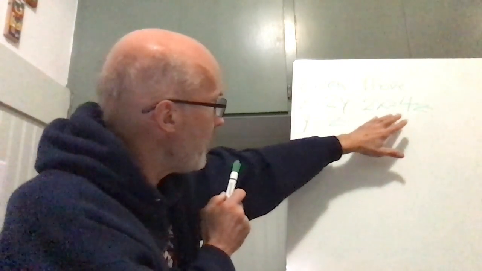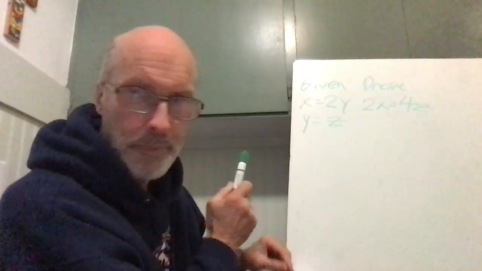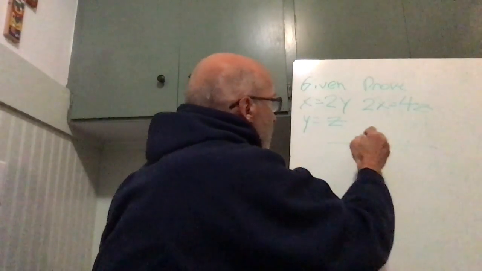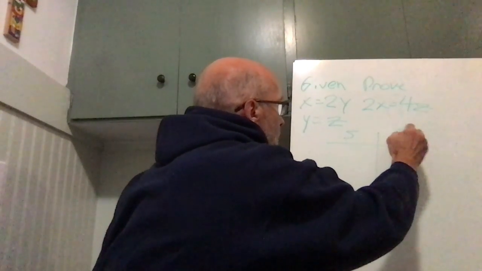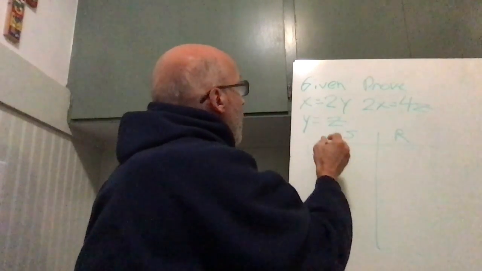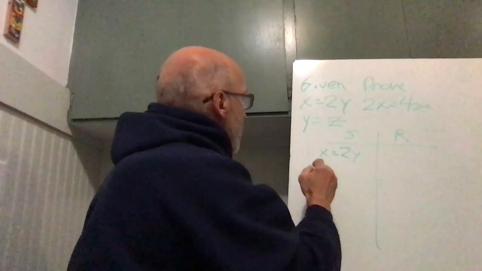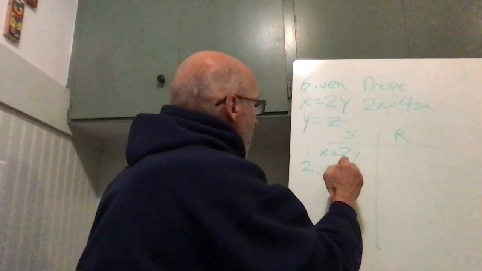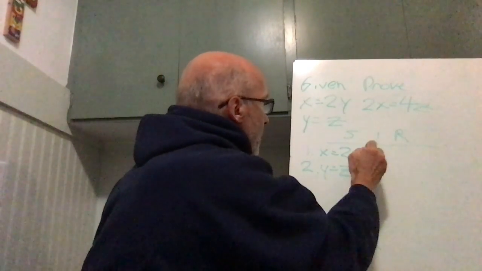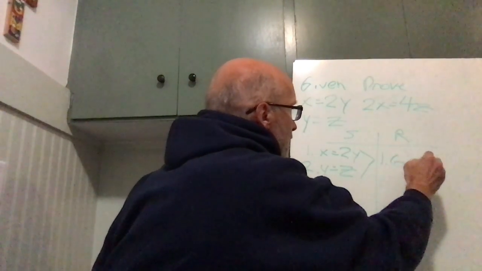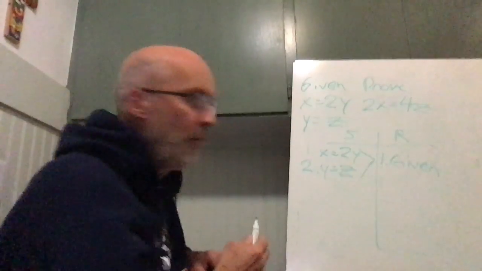And I think I can get where I want to go. So I'm just going to start like we always do. Statement, reason, number 1, x equals 2y. Number 2, y equals z. And I don't mind if you just lump those together and you just say given for both of those.